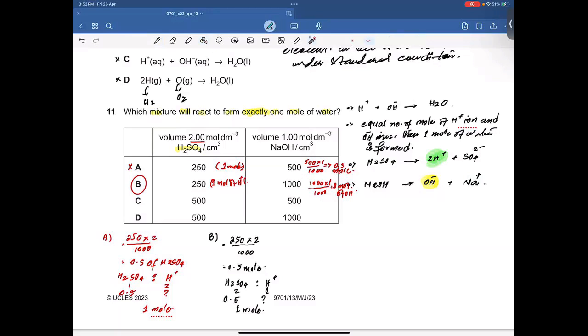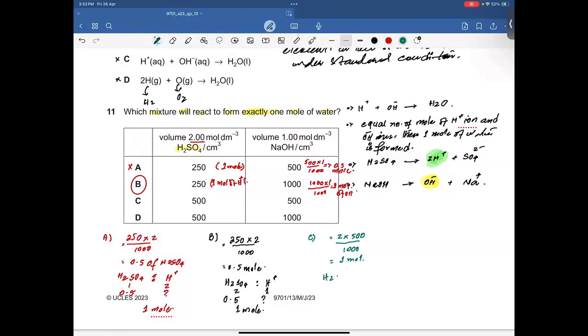Okay. I can give you the answer for C. No issue at all. Let me give the calculation for C. Concentration is 2 mole. Volume is 500 divided by 1000. Obviously, it's going to be 1 mole.